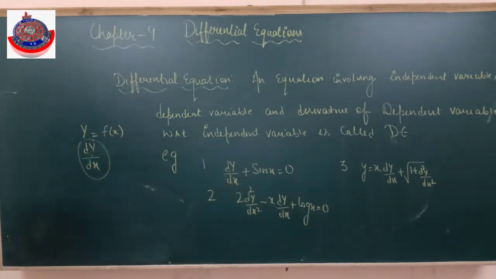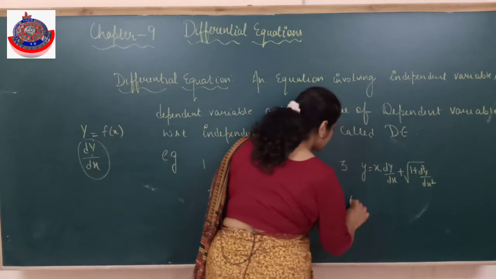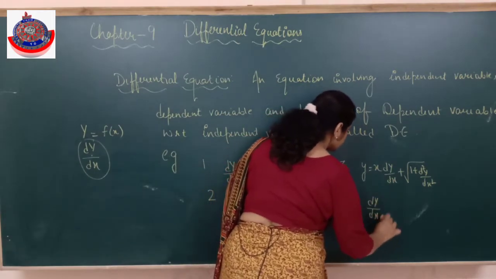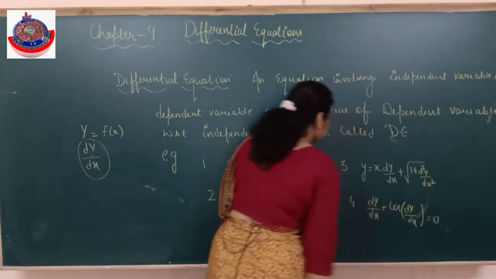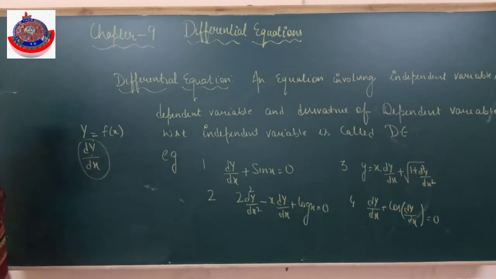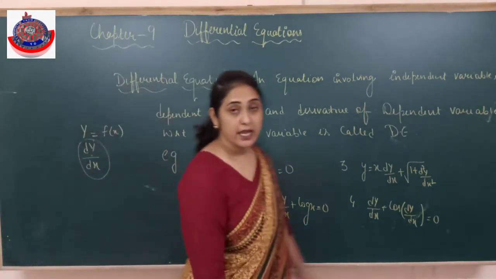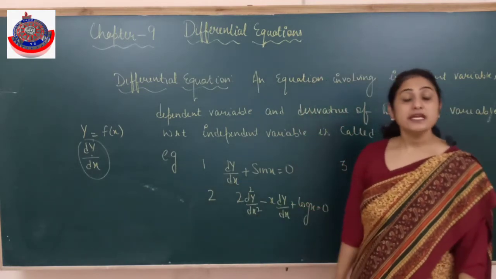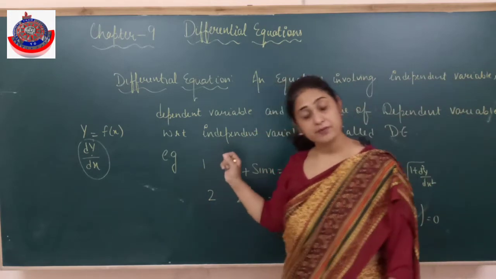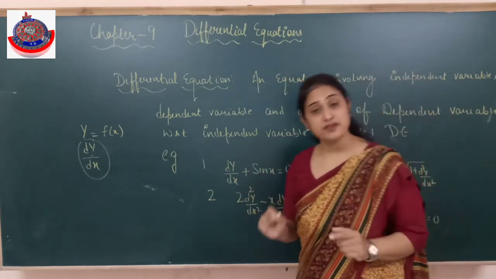So any equation which has your independent variable, dependent variable and its derivative is called a differential equation. Anything it can be. I hope it's clear to you all, children. Any equation which has x, y and its derivative involved is called a differential equation. So in this chapter we are going to solve these differential equations.